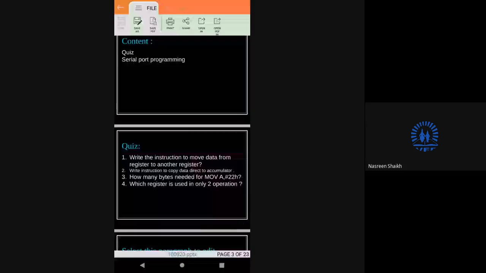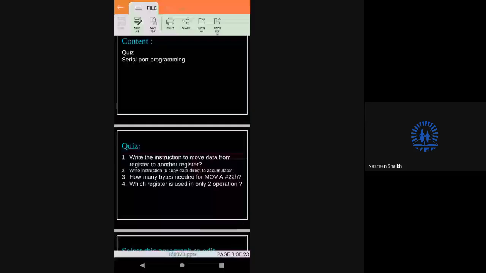How many bytes are required to complete this instruction? Which instruction occupies how many bytes was already covered when we studied the instruction set.